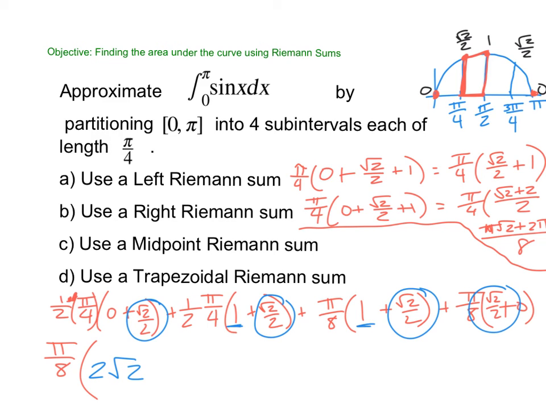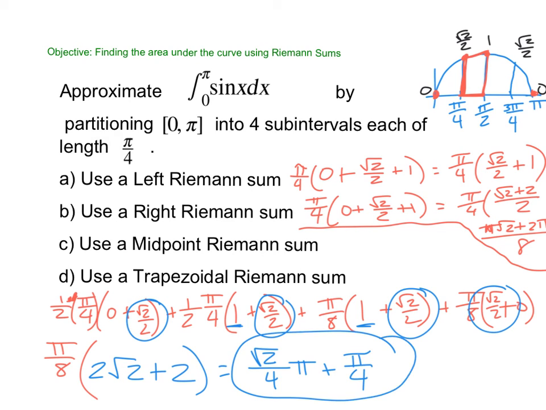There's 2 1's, so plus 2. And that's it. And then my 0's, which is 0. Okay, so that is my trapezoid. And then again, if you want to distribute, you could do 2 over 4 pi plus pi over 4. That could be your final answer if you want.